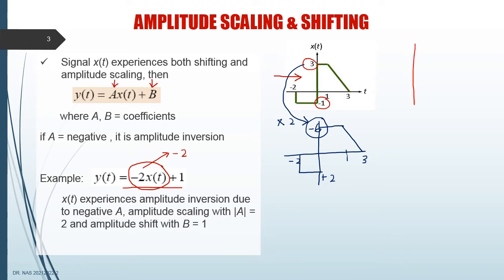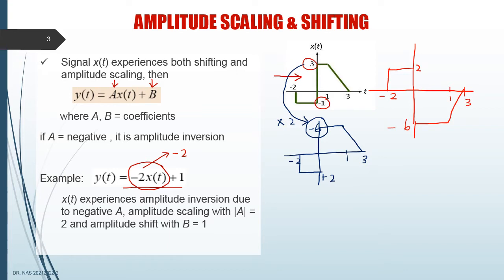You will get +2 and then -6. So this is -6, and here is +2, and the t is -2, here is 1 and 3.